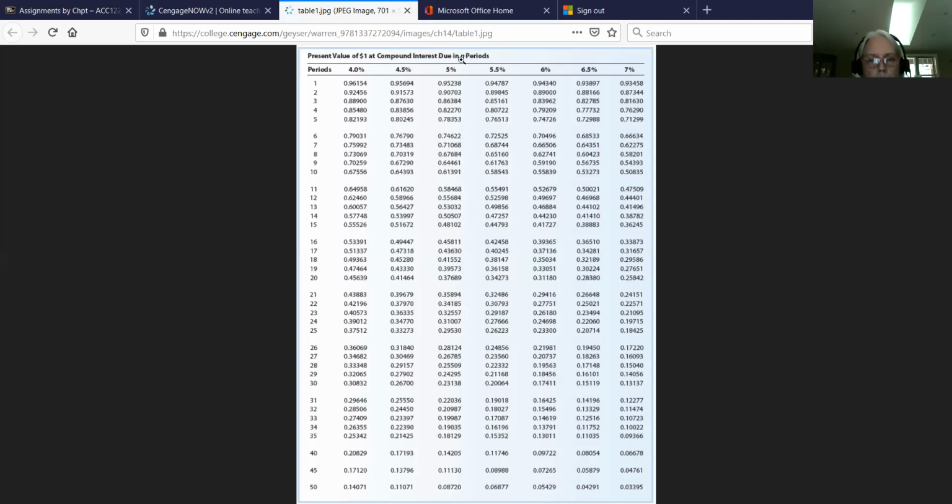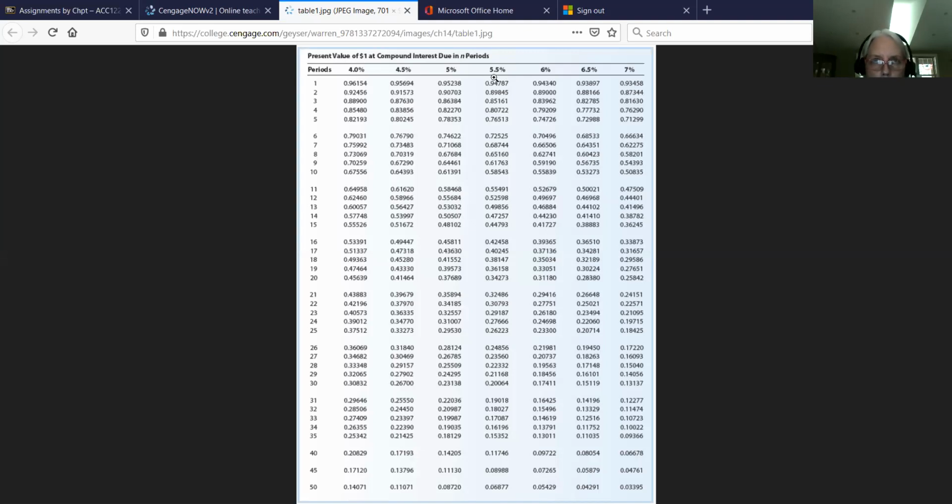This table 1 is the lump sum table that you will use to find your table value amount. When calculating the lump sum amount, we're going to need to know what half of the market rate of interest is for this problem.